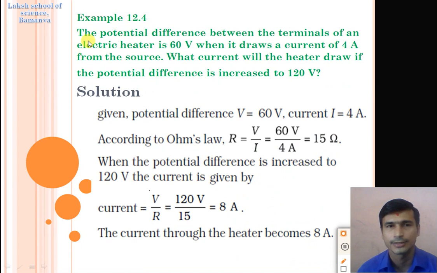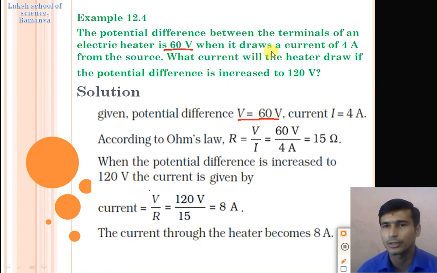Given that the potential difference between the terminals of an electric heater is 60 volt. The potential difference between the two terminals of the electric heater is given to you, V is equal to 60 volt.